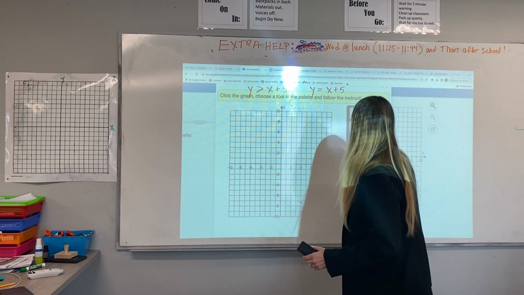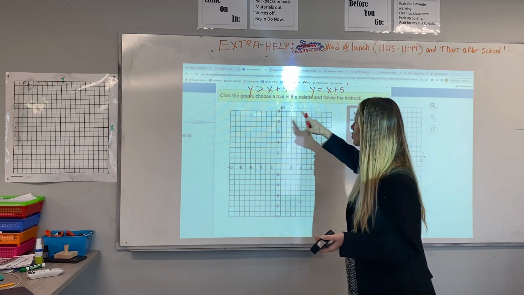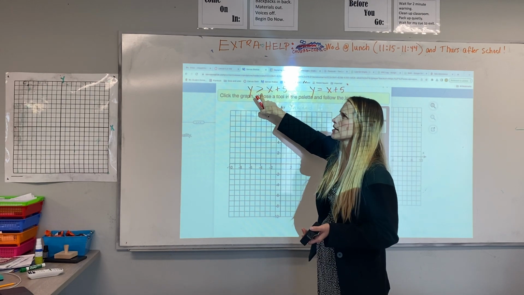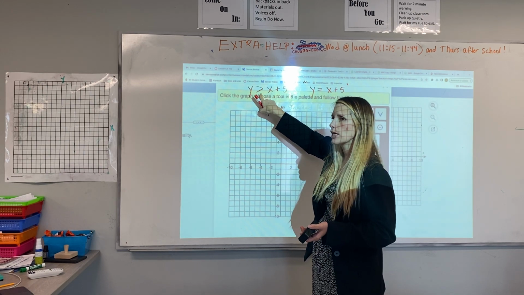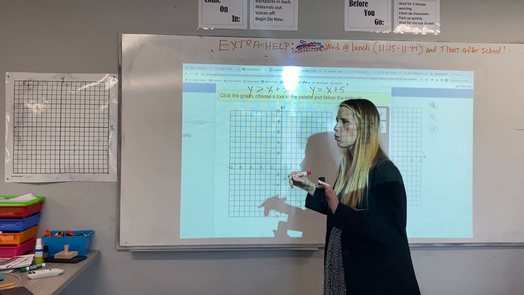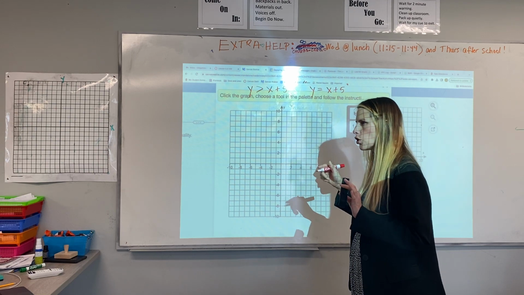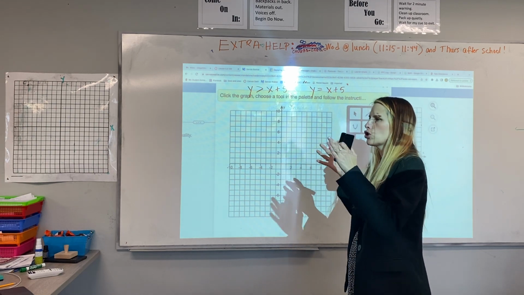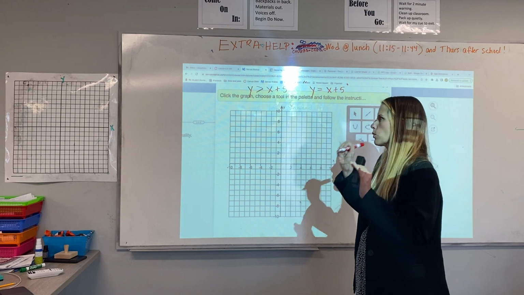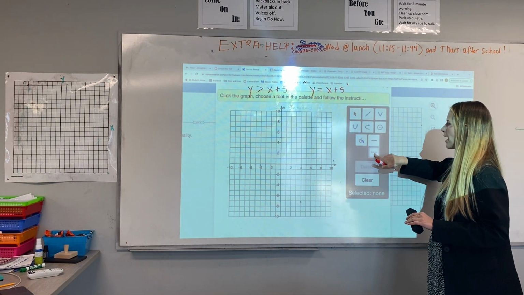We're going to select our dashed tool, just like I did on mine, because you have a greater than sign, but it doesn't include the equal to, so we don't want to include the points on the line as part of the solution. We want to just dash it so we can show the boundary, but not actually include the points on the line. So we have our dash tool selected.